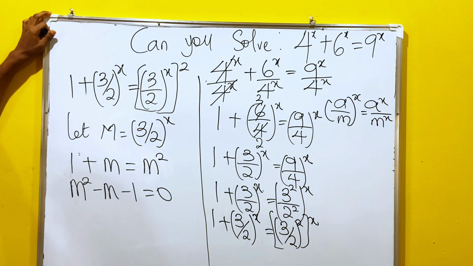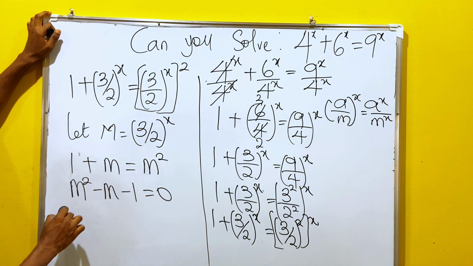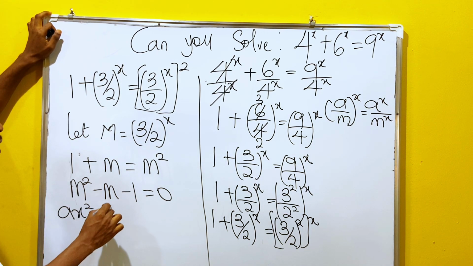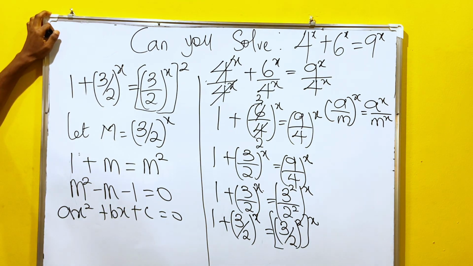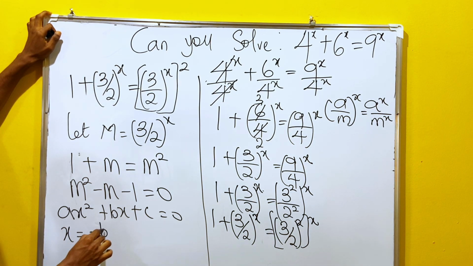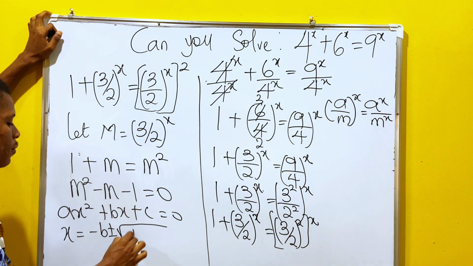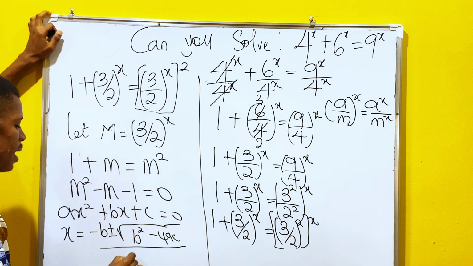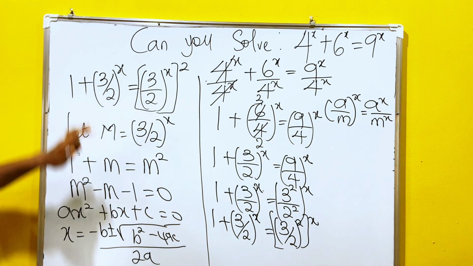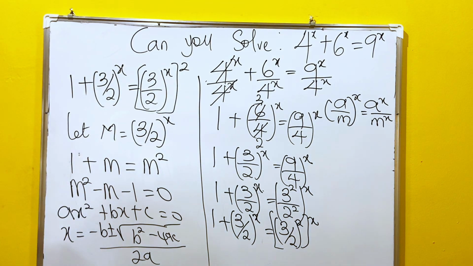It states that whenever we have any quadratic equation of the form ax squared plus bx plus c is 0, then x will be equals to minus b plus or minus square root of b squared minus 4ac, divided by 2a. This is general quadratic equation formula.